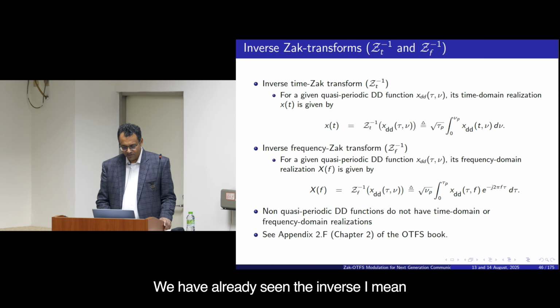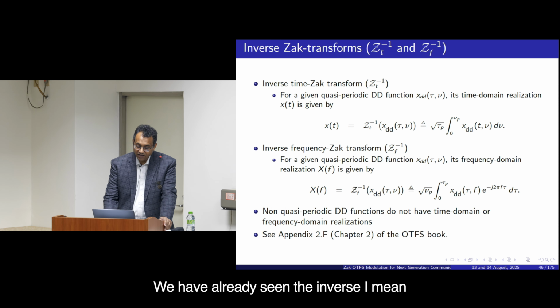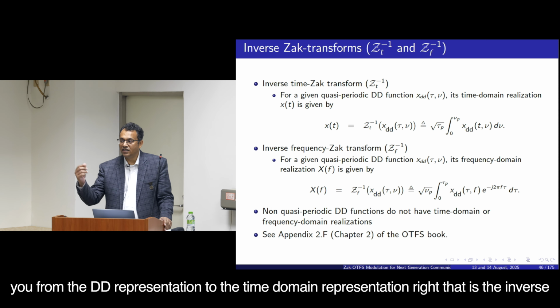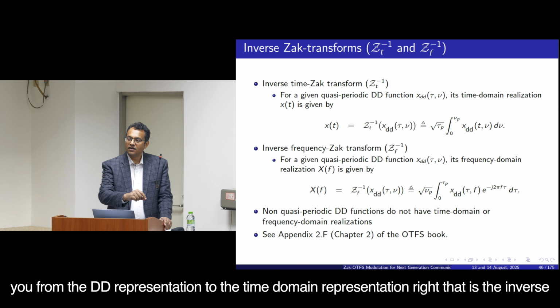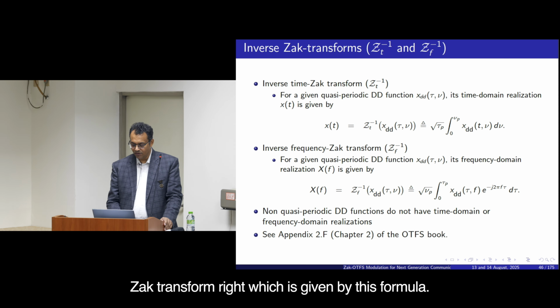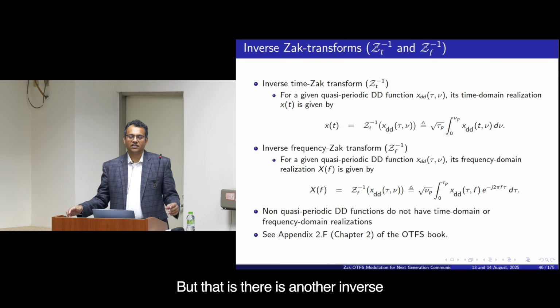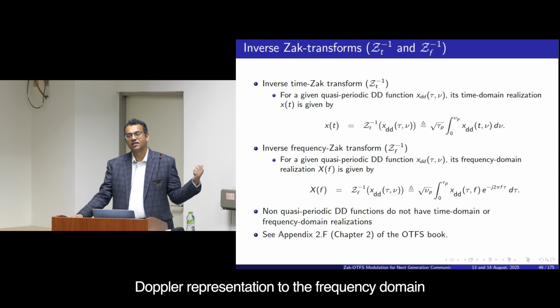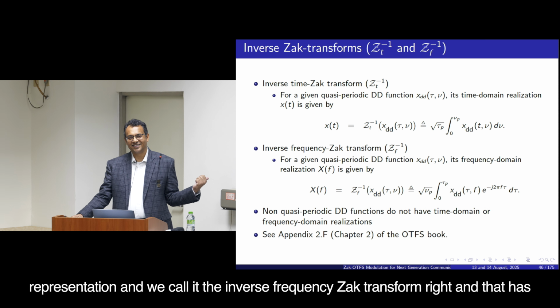We have already seen the inverse Zak transform, which took you from the DD representation to the time domain representation, right? That is the inverse Zak transform, which is given by this formula. But there is another inverse Zak transform which takes you from the delay-Doppler representation to the frequency domain representation, and we call it the inverse frequency Zak transform, right?